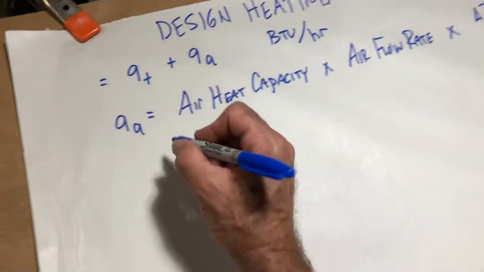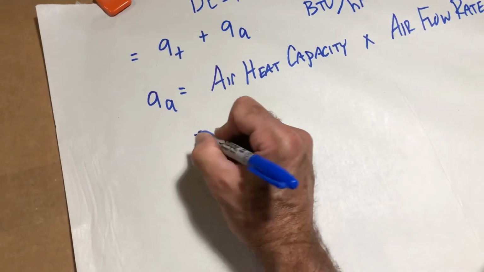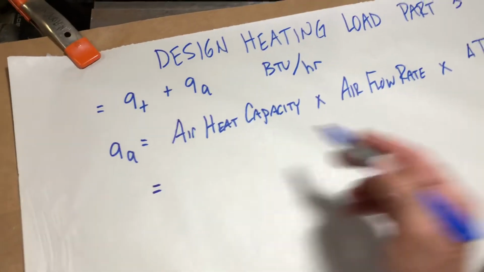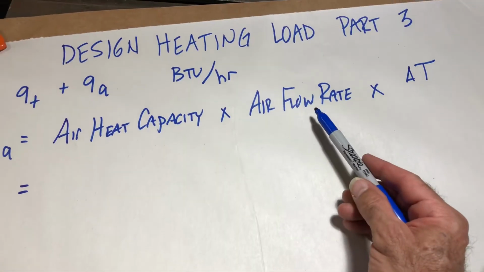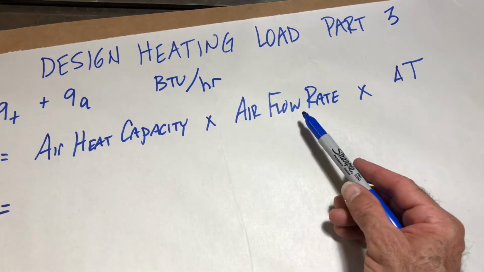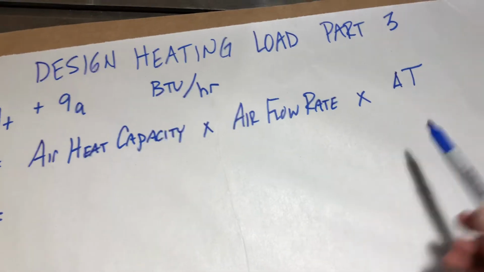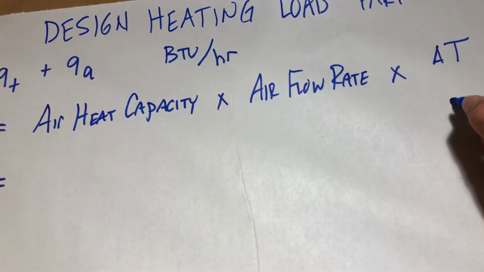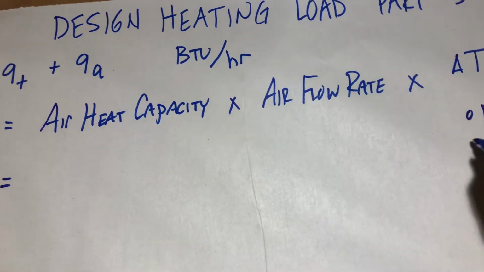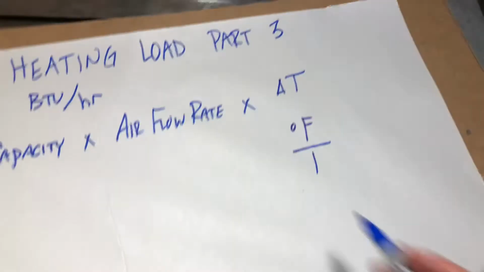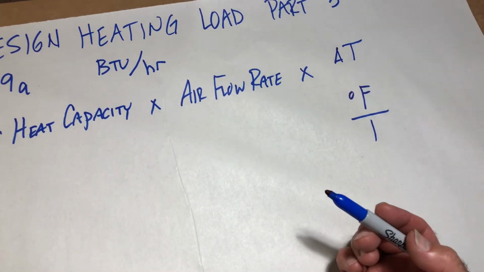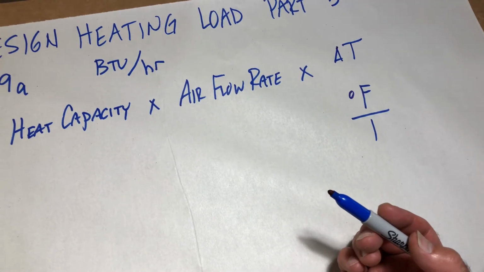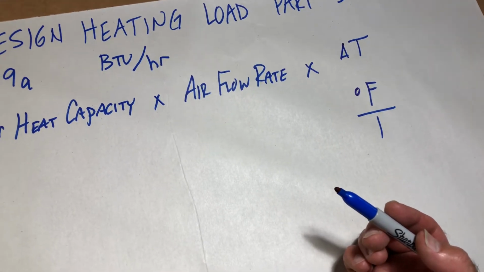All right, so air heat capacity, and remember QA, we're still winding up with BTUs per hour. There's no BTUs in airflow rate, all right? Rate is something over time. So let's start with what we know. Well, that's degrees Fahrenheit over 1. Airflow rate: how much air is moving over a certain amount of time?